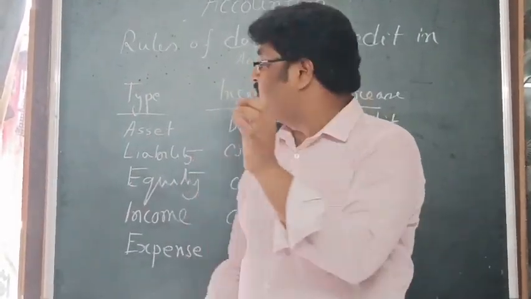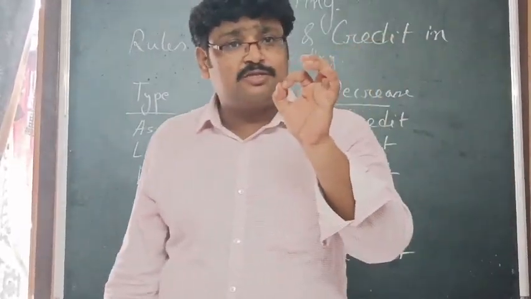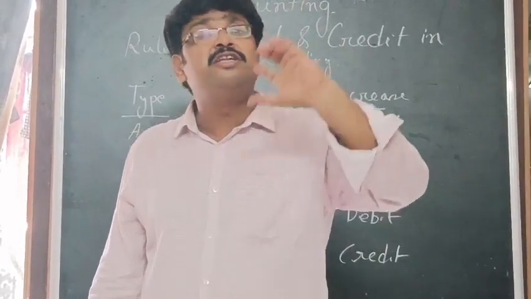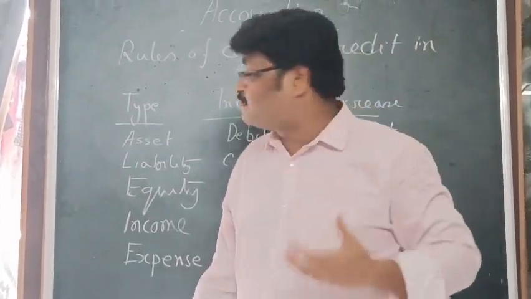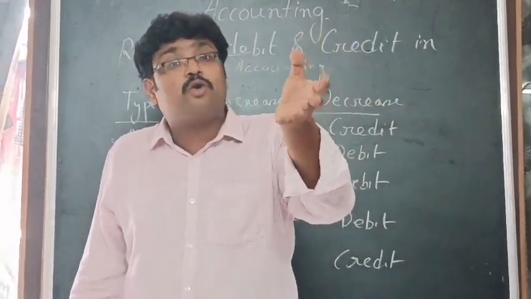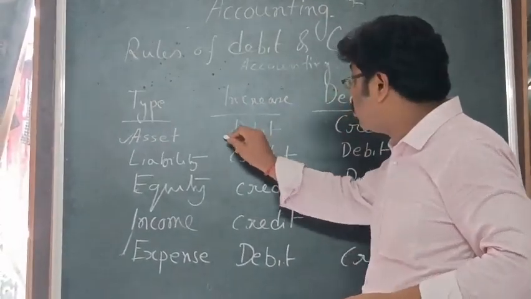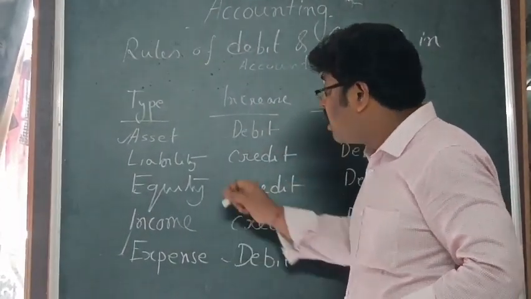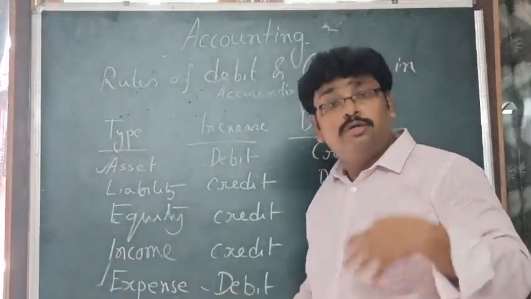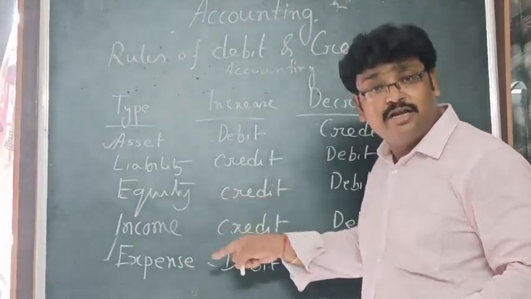If there is an increase in asset and expense, it should be considered as debit. And in case of liability, equity, and income, if there is an increase, then it should be considered as credit.